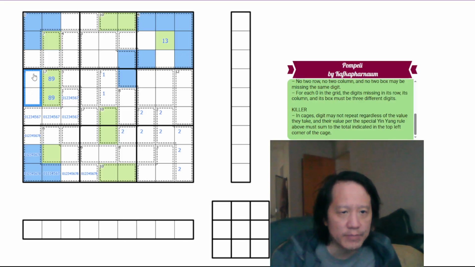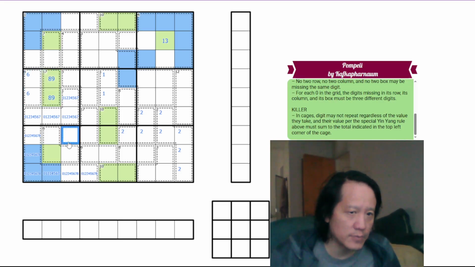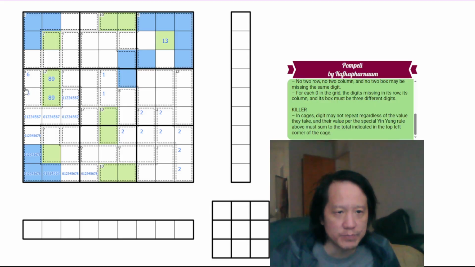Ah, no, it can't be 1. One of these has to be a 6 then. So this swaps here, so this is a shading swap here. Guaranteed. Interesting, because otherwise this 2x2 area would be all the same shading. So this is a swap here, which means this is a boundary there.